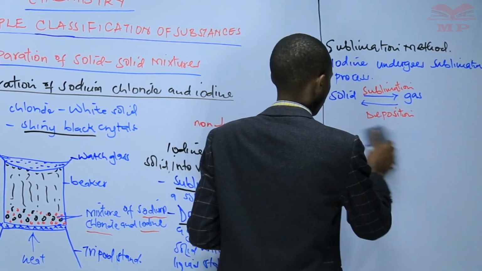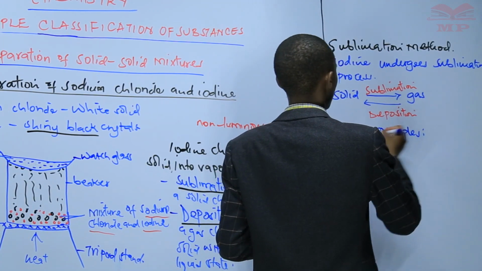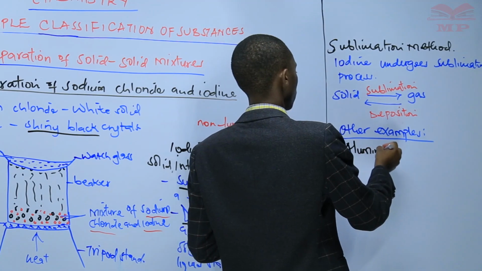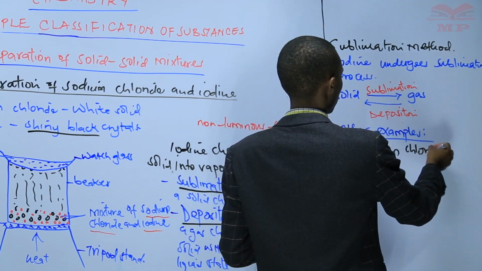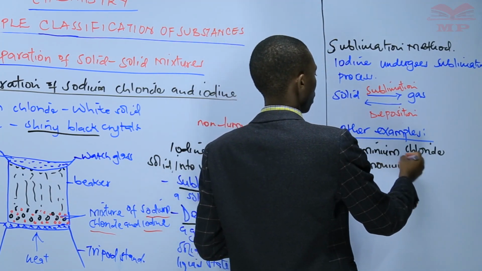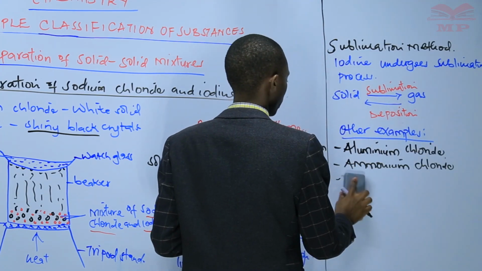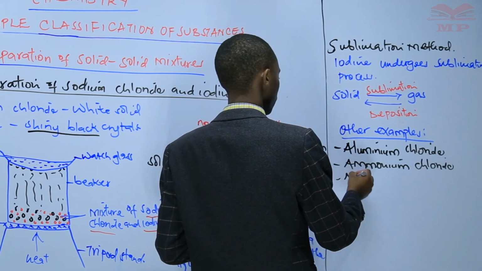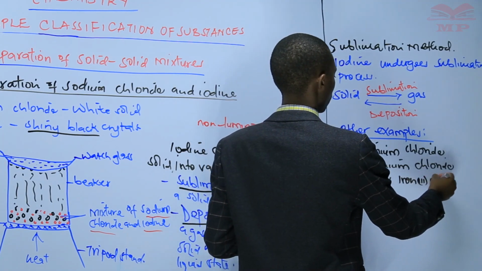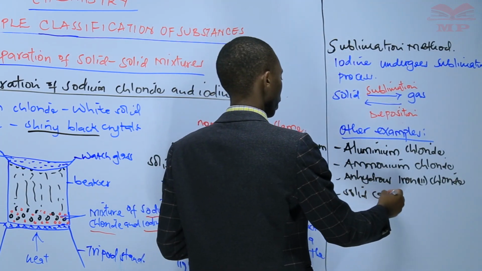All other examples: aluminium chloride, ammonium chloride, anhydrous iron 3 chloride, and we have solid carbon dioxide.